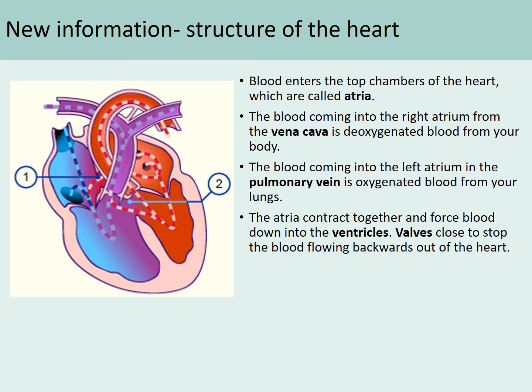Now, the atria will then contract, and they do it together, and it forces that blood down into the ventricles. Now, the blood doesn't go the wrong way, so it doesn't go back through the veins, because valves will close to make sure that it only goes in one direction. So as the atria contract, the valves between the pulmonary vein and the vena cava in the heart will close, and it pushes the blood down into the ventricles.